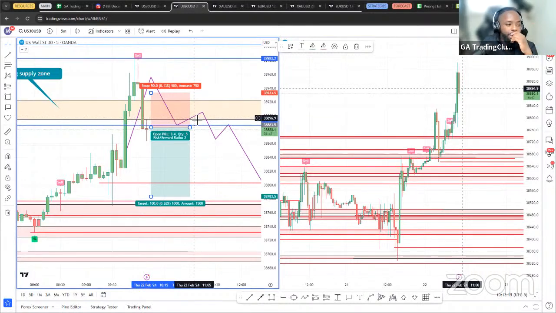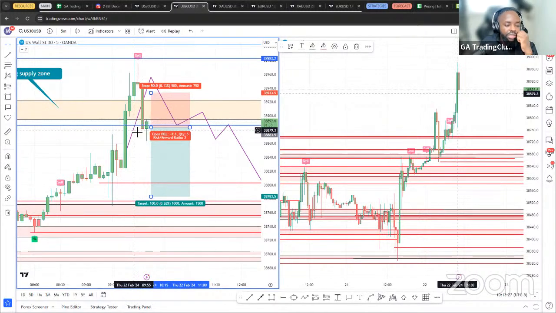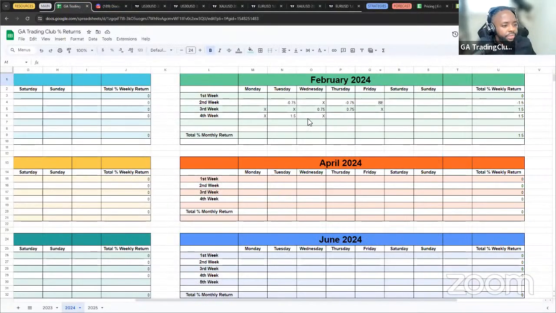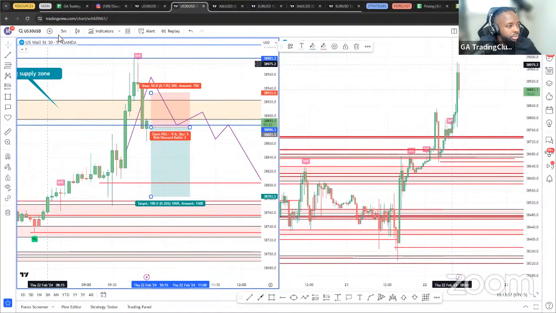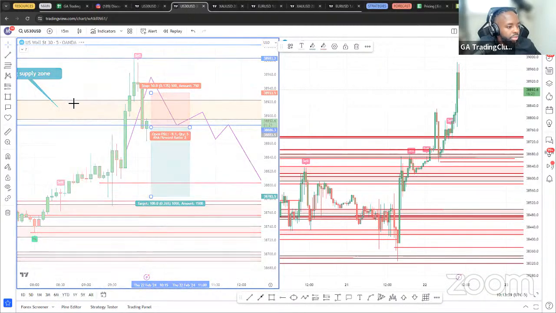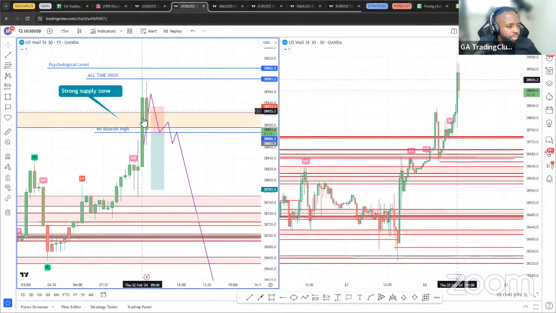I would be looking to take this as well, because it's similar to the US 30 trade we took, I think, on Tuesday or whatnot. Yeah, the one we took on Tuesday. So we just need to be a little bit more patient, and even on the 15-minute as well.